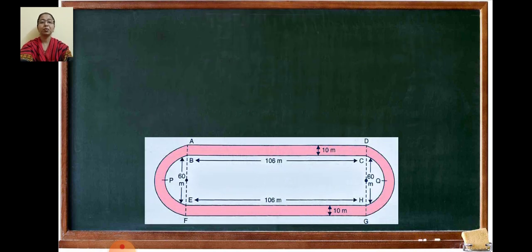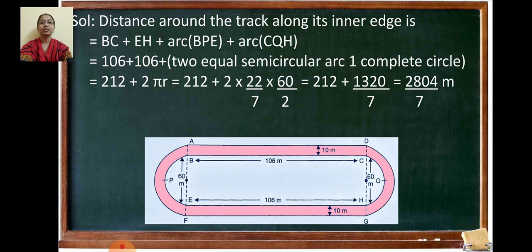Here is the diagram again. Yes, the distance around the track along its inner edge is BC, see here, this BC length plus this EH length plus arc APB plus arc CQH. Right.